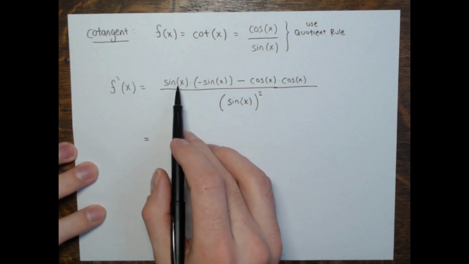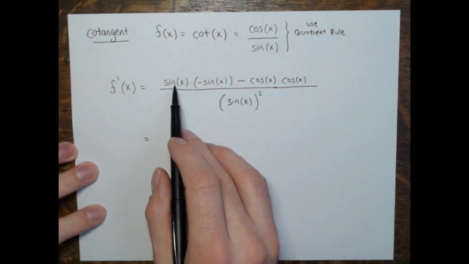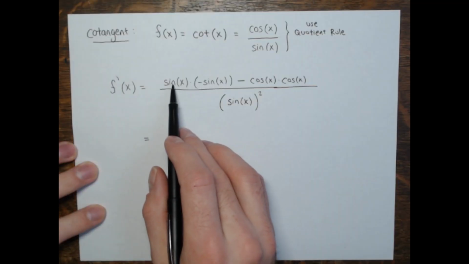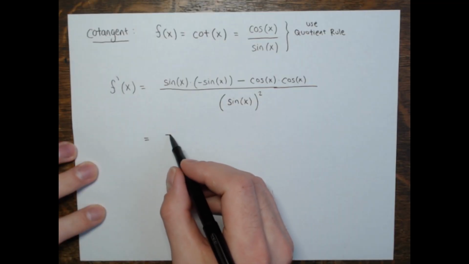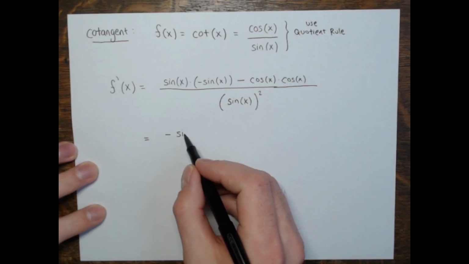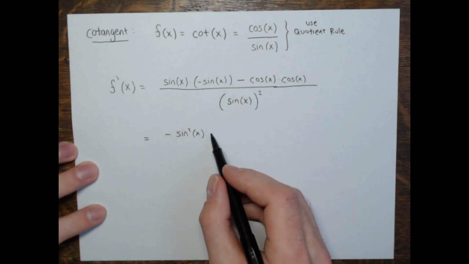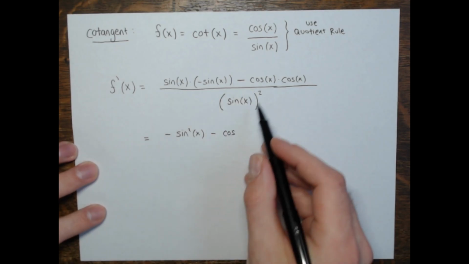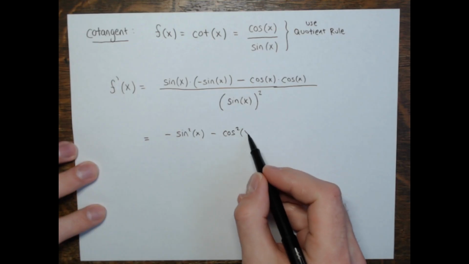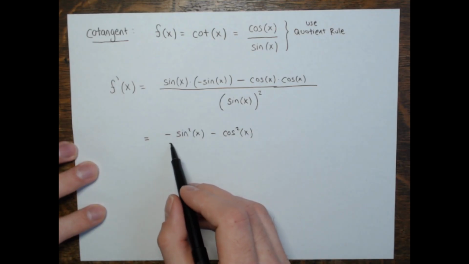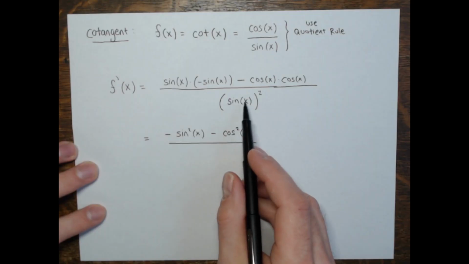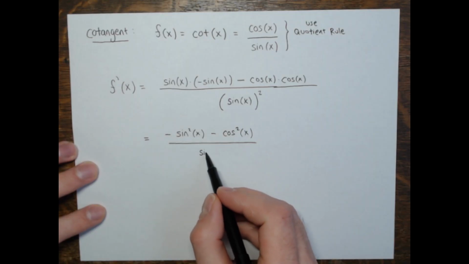So going through this, you get the first one, sine times negative sine. That would be the opposite, or negative sine squared. And then minus cosine times cosine, so cosine squared of x, and then sine squared down here.